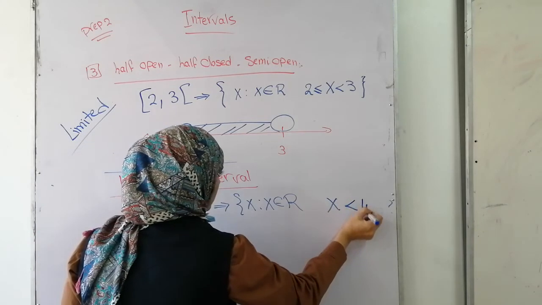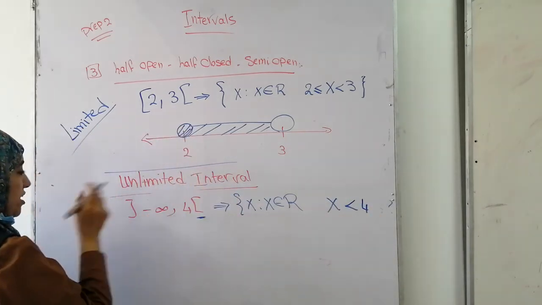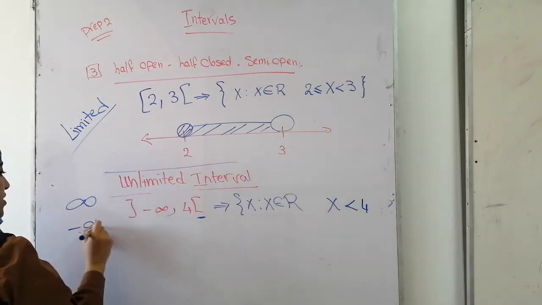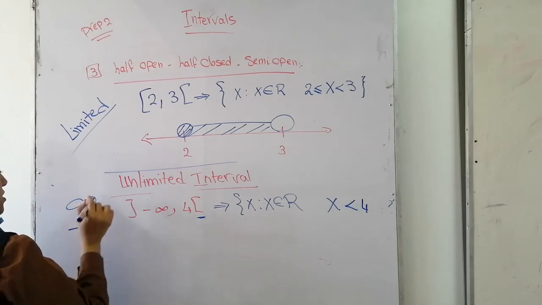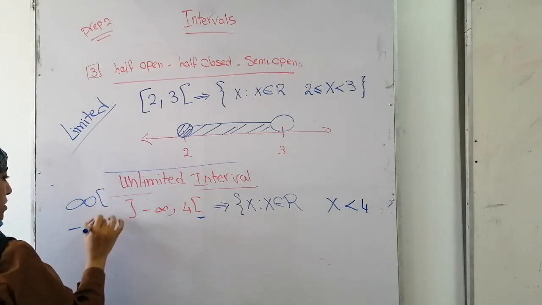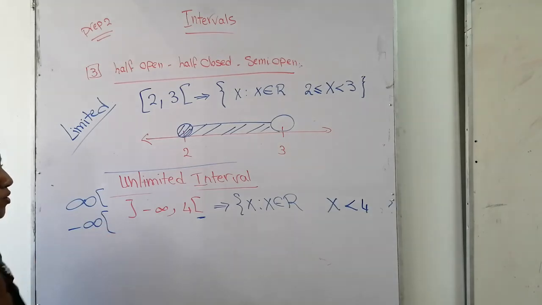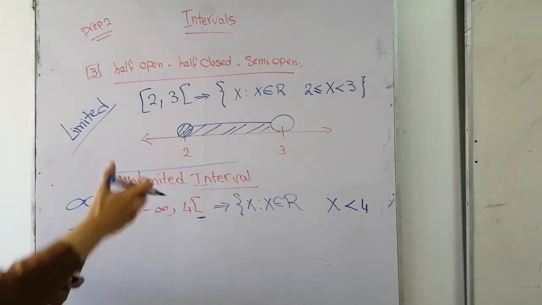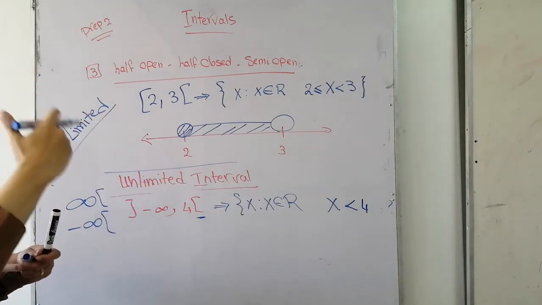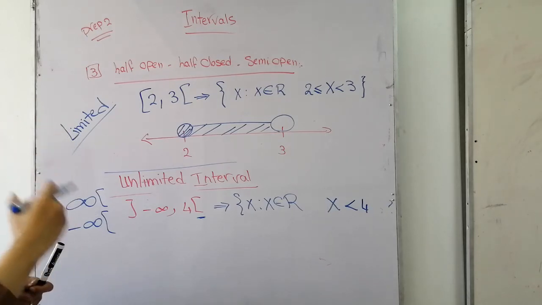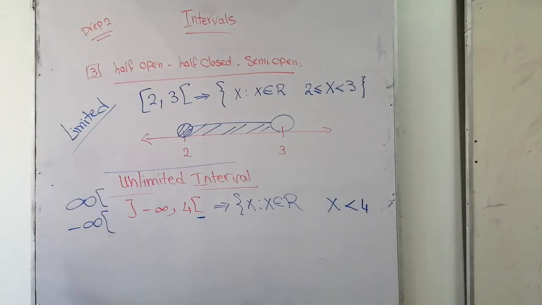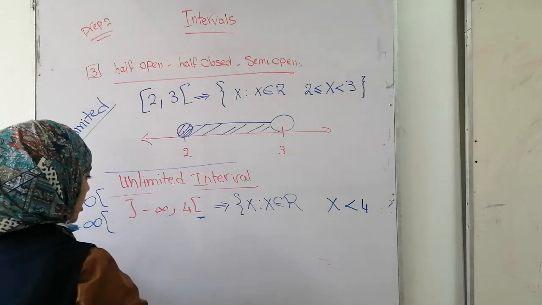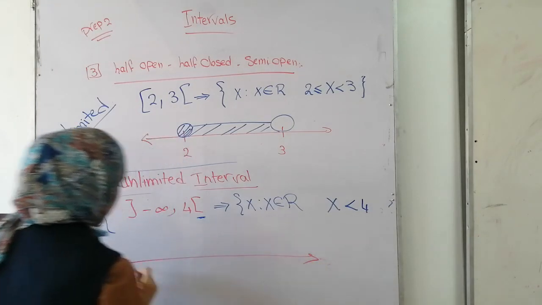And put 4. Take care that infinity and negative infinity are all the time open. Why is it open? Because it has no limit. So I can't stop it and make it a closed interval. So I put it as an open interval. Can I draw the number line? Yes.